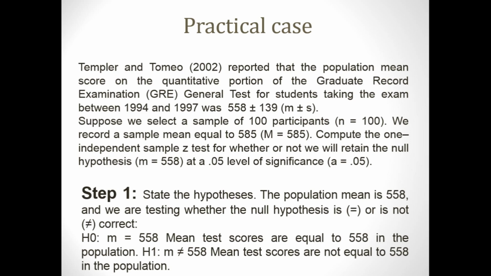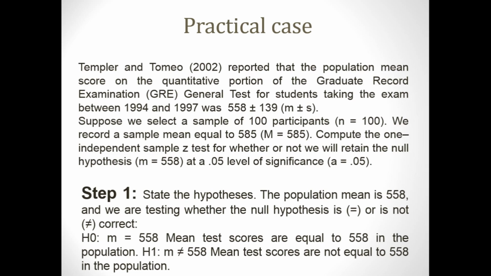H0: mu equals 558, mean test scores are equal to 558 in the population. H1, the alternative hypothesis, is that the mean is different from 558, meaning test scores are not equal to 558 in the population.